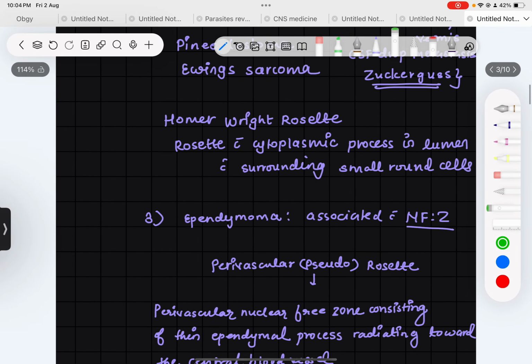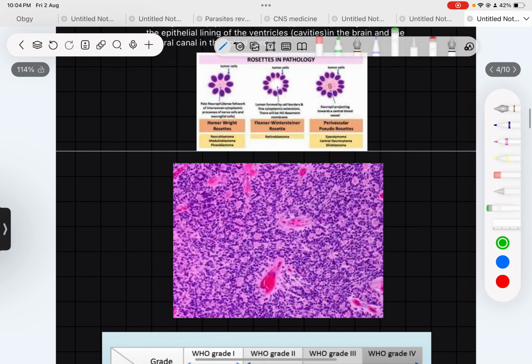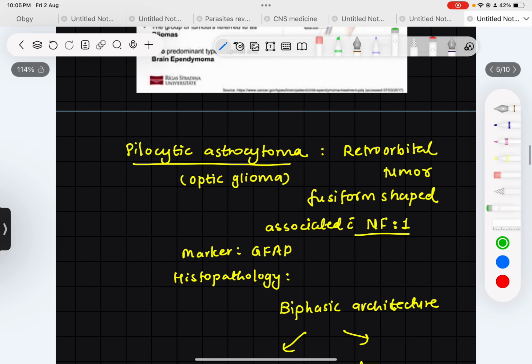First one is ependymoma. Ependymoma is associated with neurofibromatosis 2. In neurofibromatosis 2 there are going to be three tumors: ependymoma, schwannoma and meningioma. And in neurofibromatosis 1 there is going to be pilocytic astrocytoma.